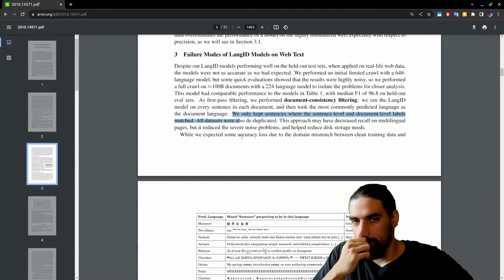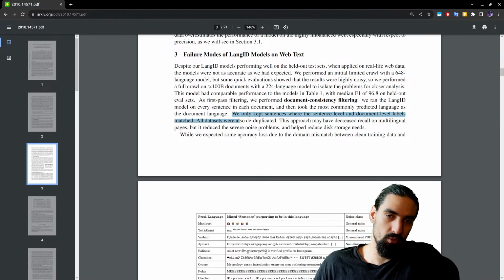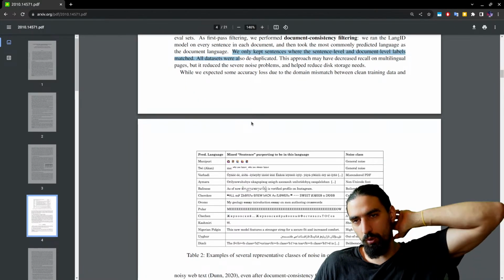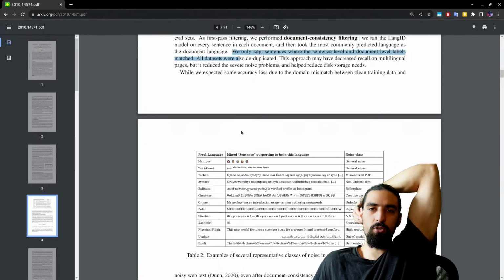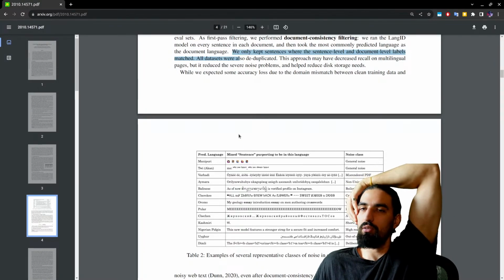All datasets were also deduplicated. This approach may have decreased recall on multilingual pages, but it reduced the severe noise problems and helped reduce disk storage needs.